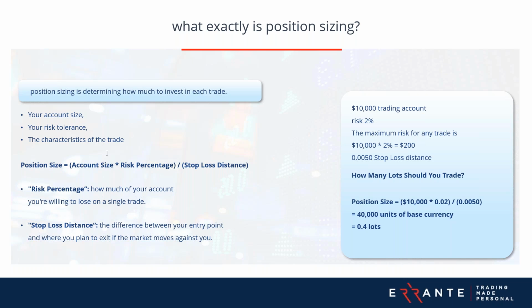It means if you open a trade of 0.4 lots and set your stop loss 50 pips away from your entry, and in any case you get it wrong, your analysis doesn't work, and the market hits your stop loss, then in the worst case scenario, you will not lose more than $200.